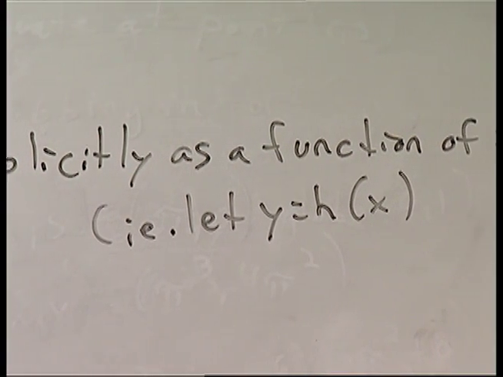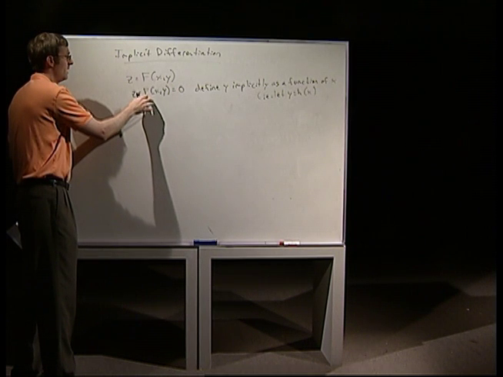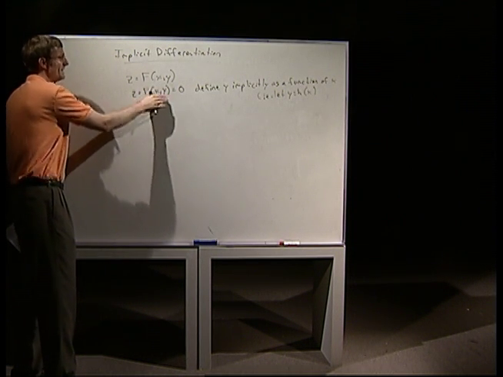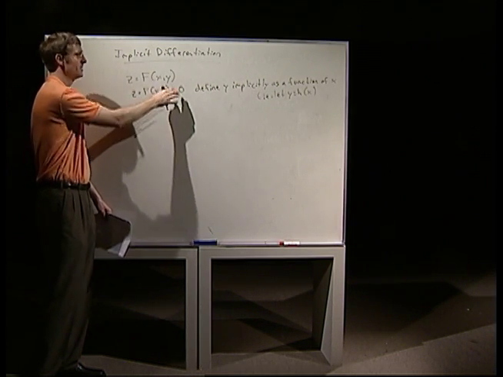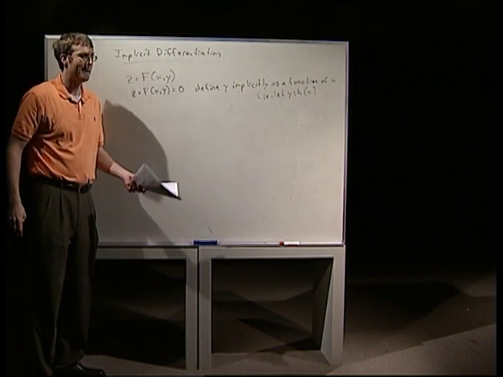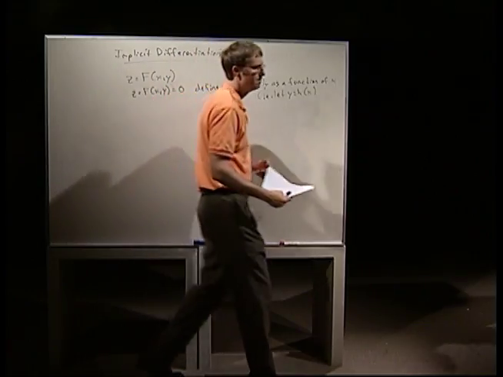So in other words, what I'm saying is, if I let z be 0, this is just x's and y's in here, right? So I have something involving x's and y's equals 0. Maybe I can't solve it for y. That's okay. But I can let it be implicit.